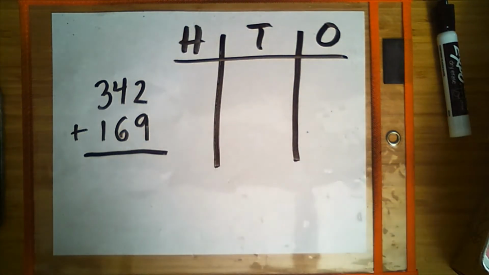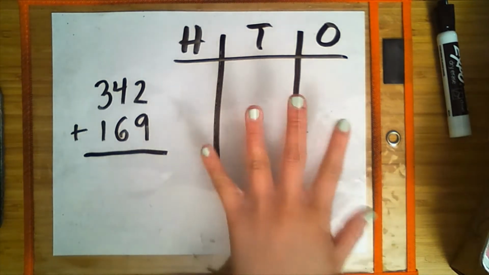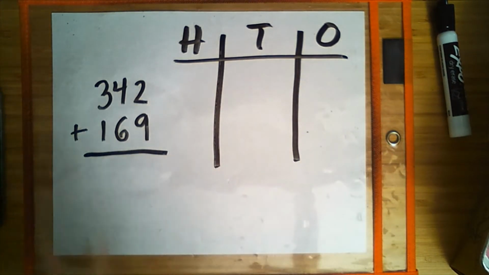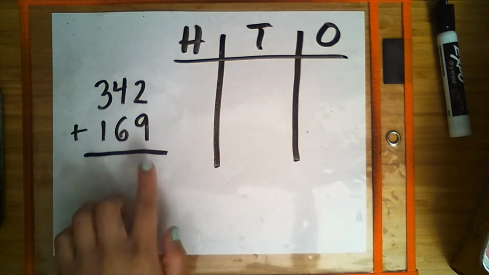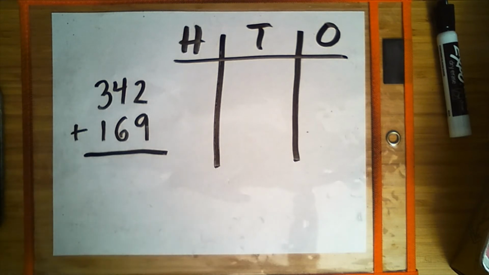Before we do any kind of chip model drawing on our blank place value chart here, we like to look at our equation in order to determine whether these numbers that are given to us represent whole or part. And from there, we are able to figure out if we are solving for a missing whole or a missing part. Before we even do any of that, though, it's really important to take a look at the operation.